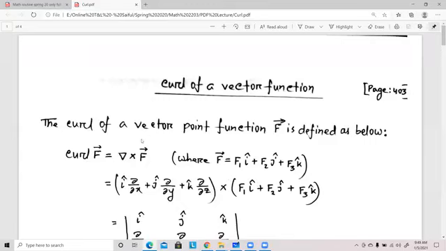The curl of a vector point function f is defined as follows: curl of f is del cross f. In the divergence, it was del dot f, and the curl of f is del cross f.